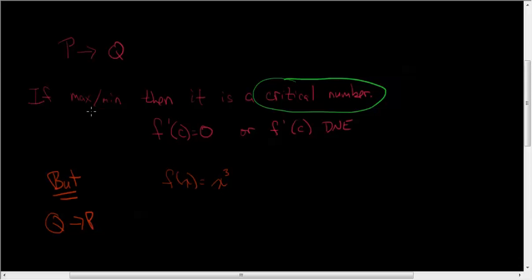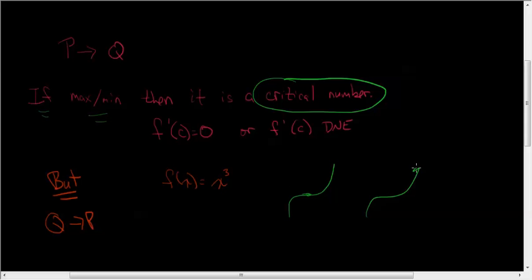At a critical number, if you have a local min or max, that will occur when f prime is 0 or when f prime does not exist. However, just because you have a critical number does not mean that you have a min or a max. It's possible that your function comes up, the slope doesn't exist or has a slope of 0, and then continues on.